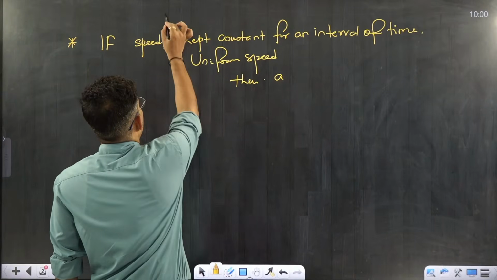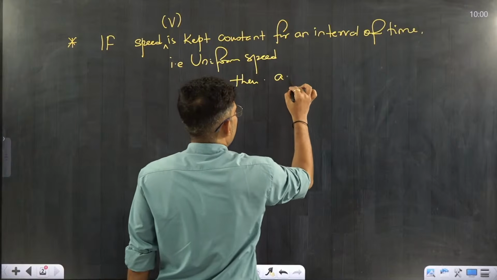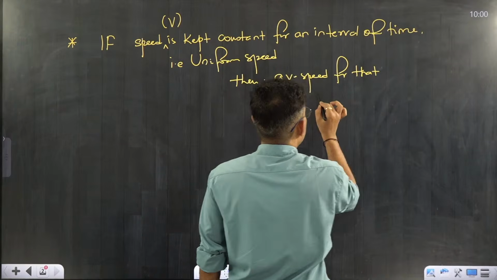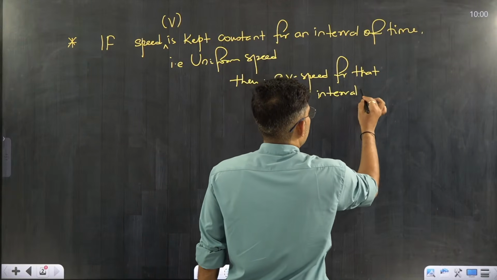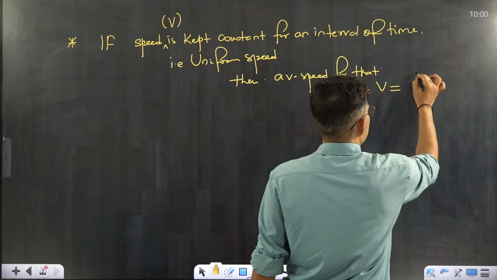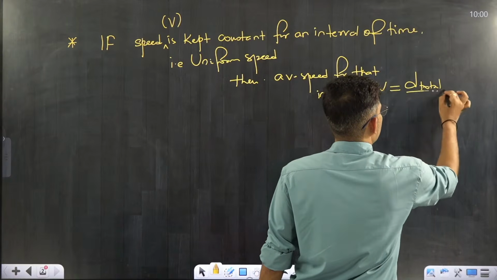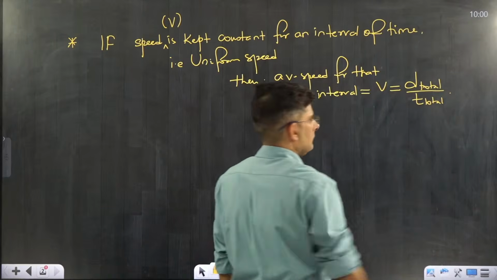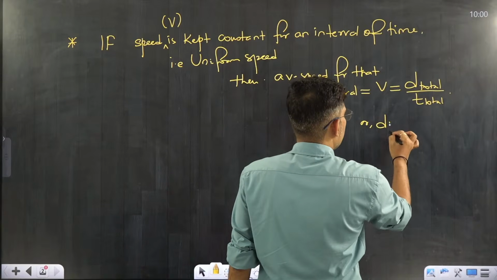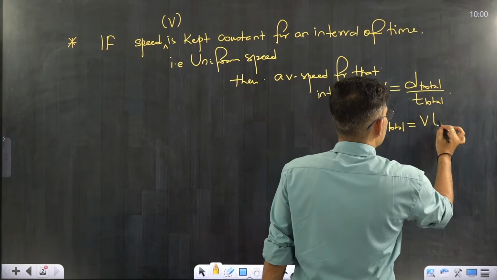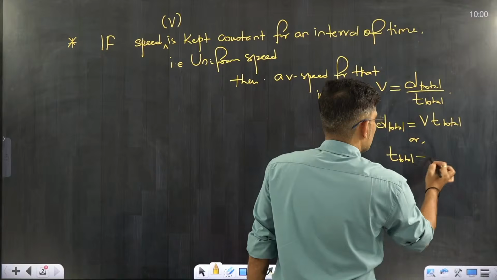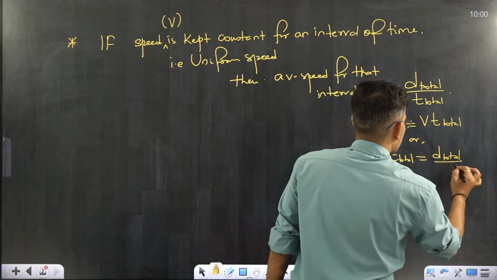Suppose the speed is v, then the average speed for that interval will be the same as v only. And v can be written as total distance traveled by total time taken, d by t. So total distance will be speed into total time, or if they ask for total time and you know the distance and speed, you can use this.